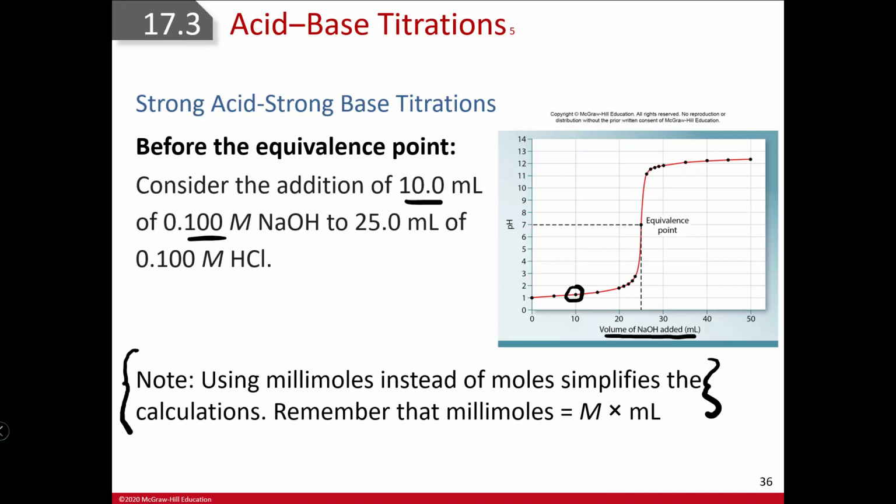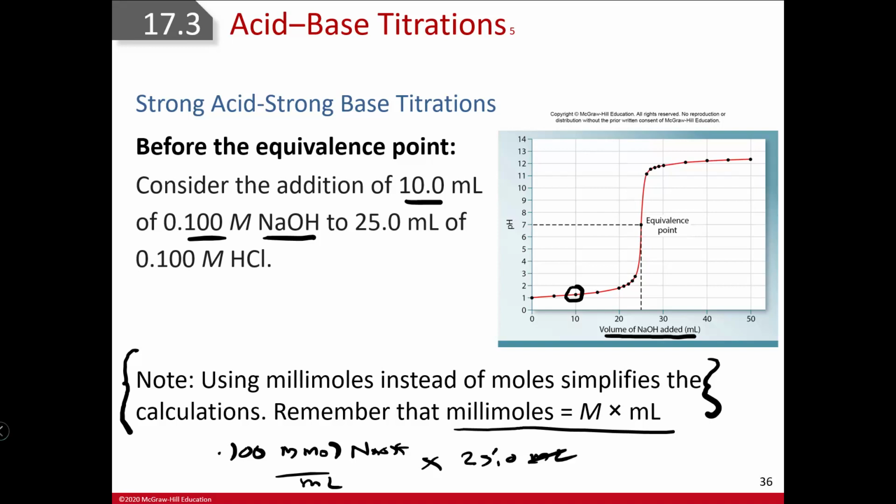But I tell you, it makes it much easier if you start working in millimoles here. Because all you have to do to get the number of millimoles of sodium hydroxide dispensed, you would say the concentration, 0.100 millimoles of sodium hydroxide per milliliter multiplied by 25.0 milliliters.